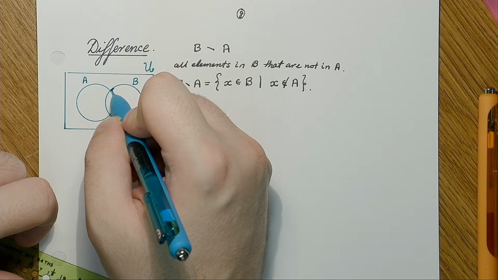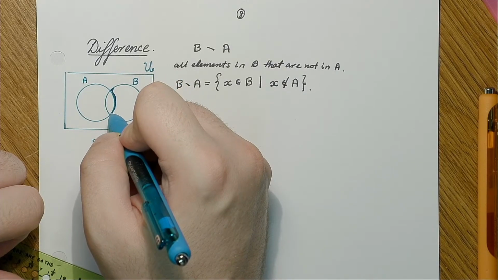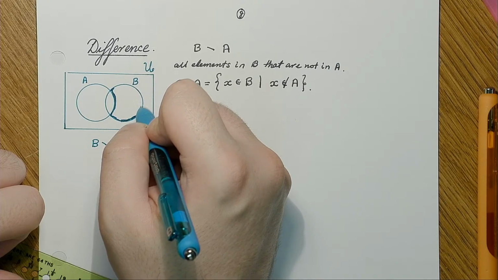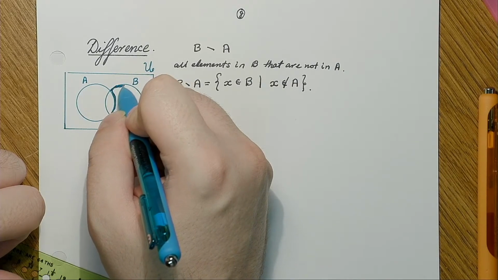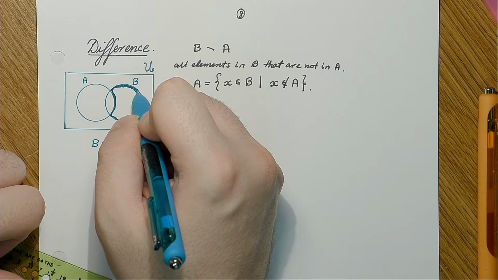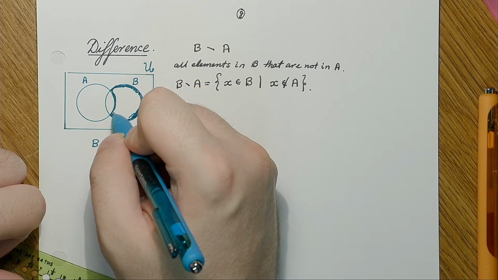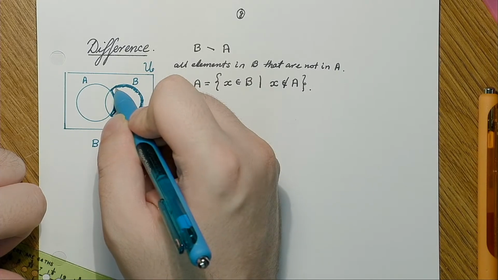So you kind of get this crescent shape. So you can think about it as starting out with all of the B, and then you take away A from it.